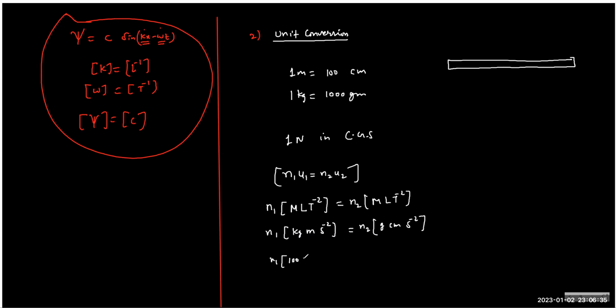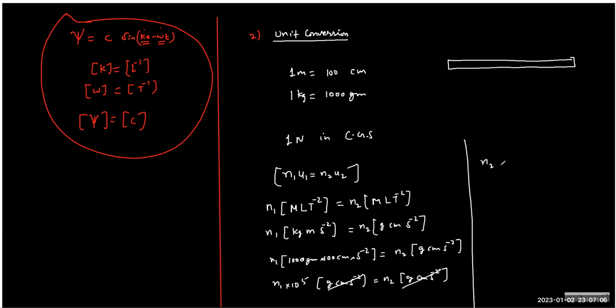Kg we can write as 1000 gram, meter is 100 centimeter. Bring the number outside because we are multiplying here. So we get n1 times 10 power 5. So what is the answer? n2 is. So if n1 equals 1, n2 equals to.